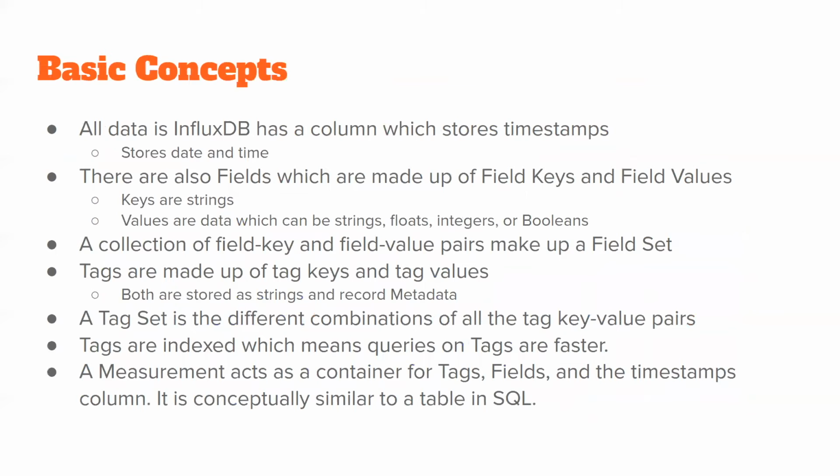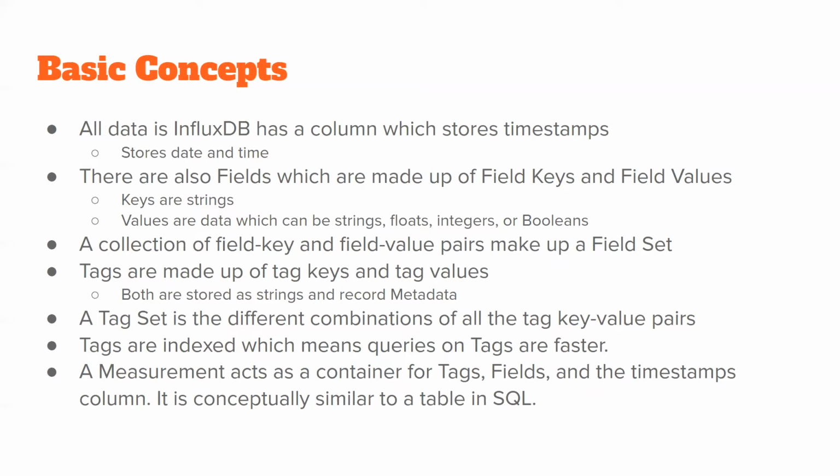All right, so for some basic concepts, which anyone should know if they're going to be using it: if you're using InfluxDB, you're going to have a column which stores timestamps. Because InfluxDB is a time series database, you need to have a time or a date, so there's always going to be that column.